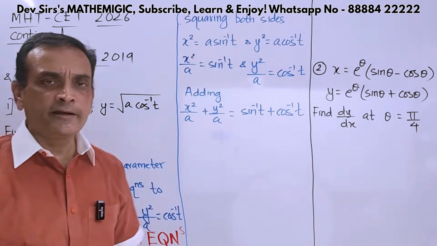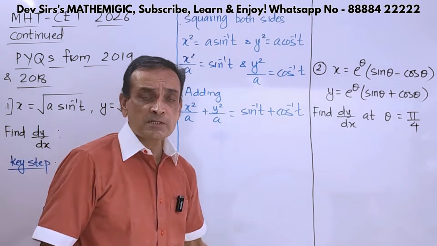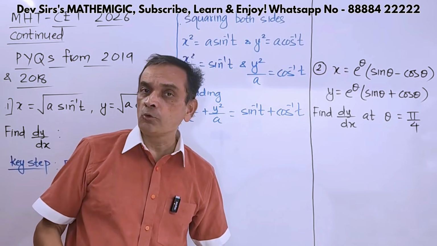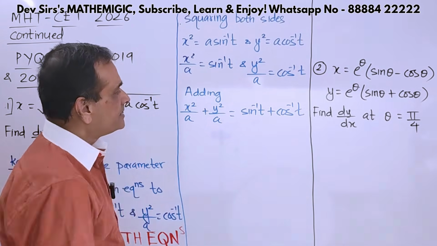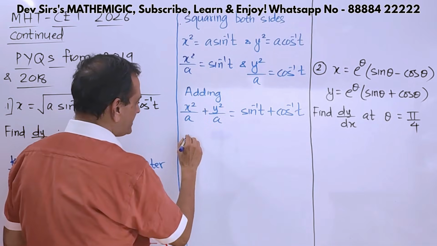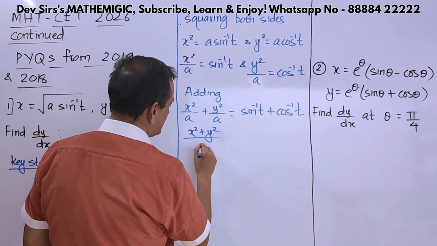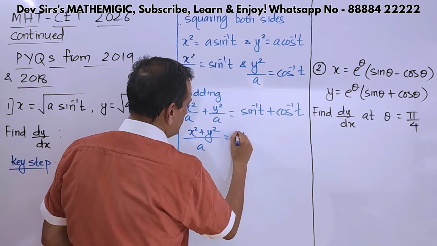Elimination becomes simpler and interesting also. We just saw the formula yesterday, sin inverse x plus cos inverse x is equal to pi by 2. Very useful, important formula. Similarly, sin inverse t plus cos inverse t is pi by 2. So I will take the LCM here, first taking the LCM, and this is pi by 2.